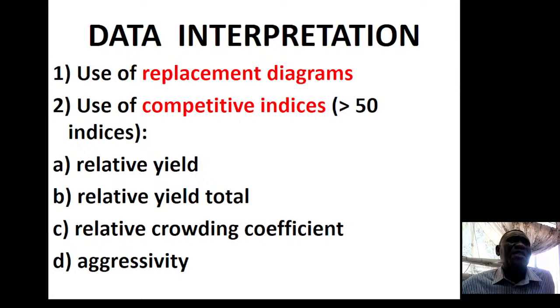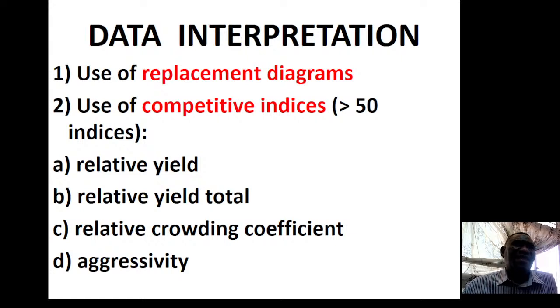This is what I went through with you. We said you can use replacement series diagrams, use competitive indices. These are the competitive indices which I have calculated: relative crowding coefficient and aggressivity. Although there are more than 50 indices, in our case we just use 2, RCC and AGR.